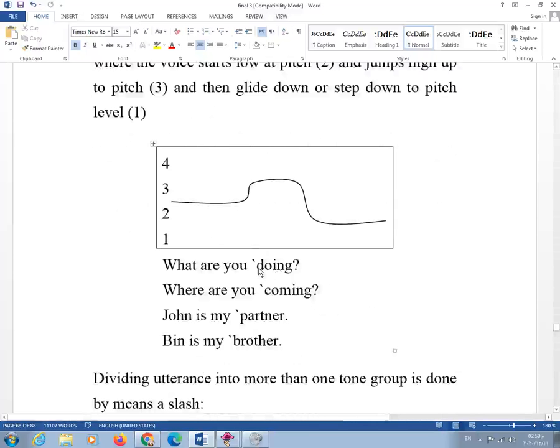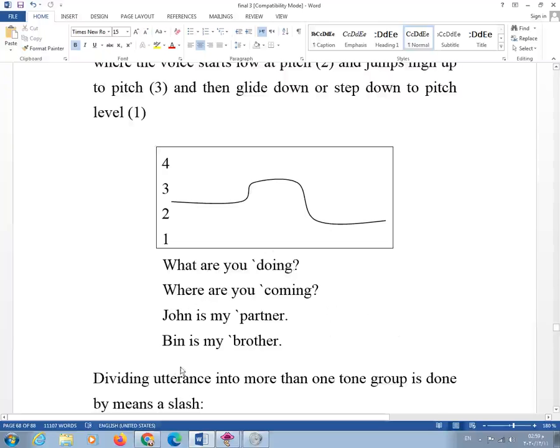And as you see, it must be put on a higher pitch to be prominent to the listeners. Let's try the second. Can you repeat after me? Where are you coming? Where are you coming? Okay. John is my partner. John is my partner. Ben is my brother. Ben is my brother.